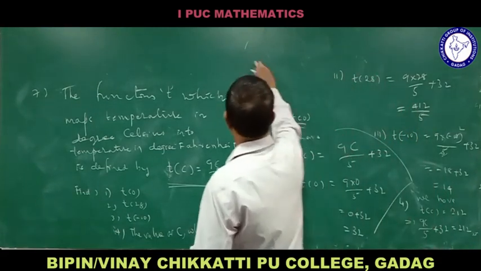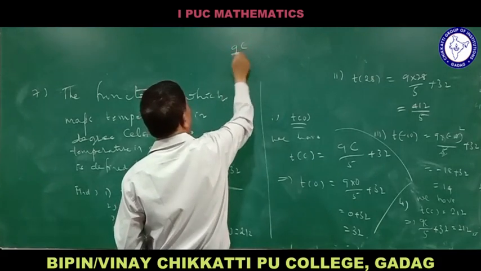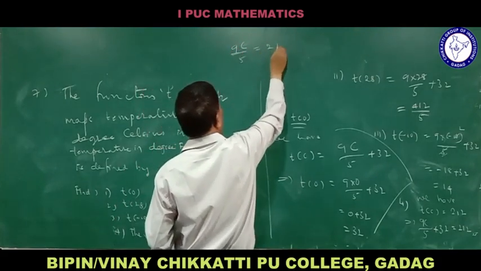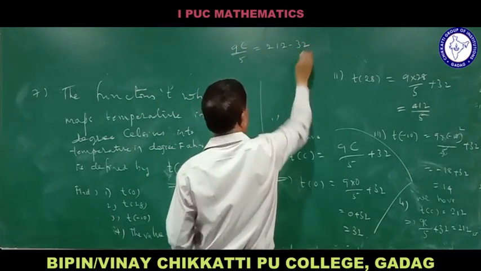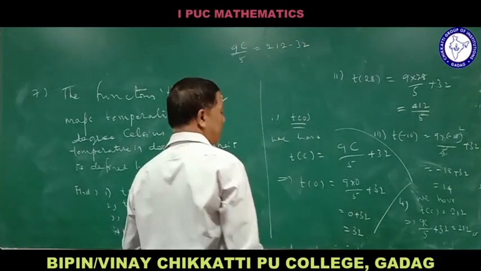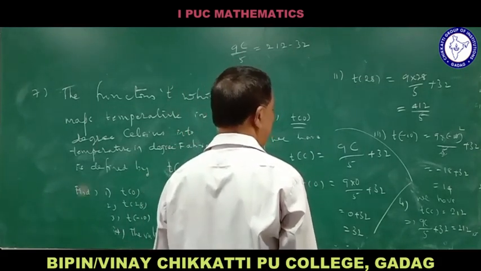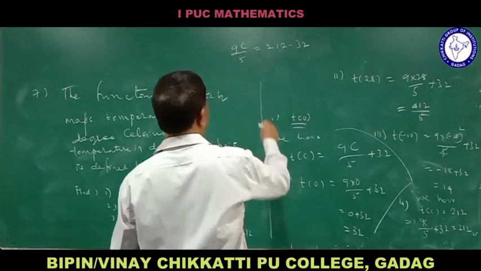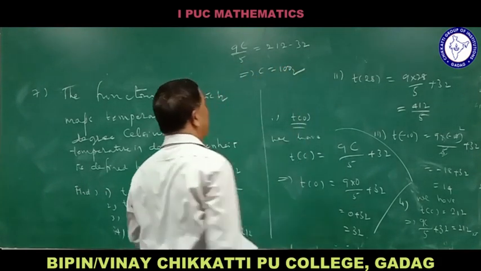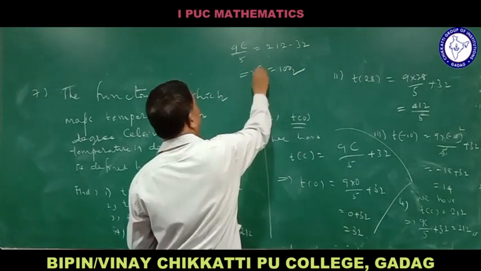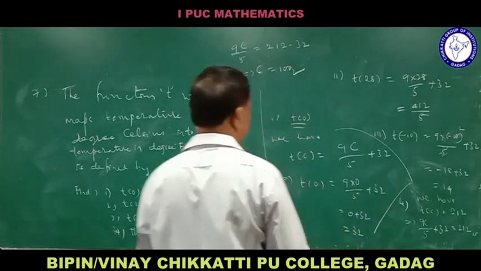So 9C divided by 5 is equal to 212 minus 32. Now you simplify this for C, and you will get 100. You can calculate the value of this result. The answer for C is 100.